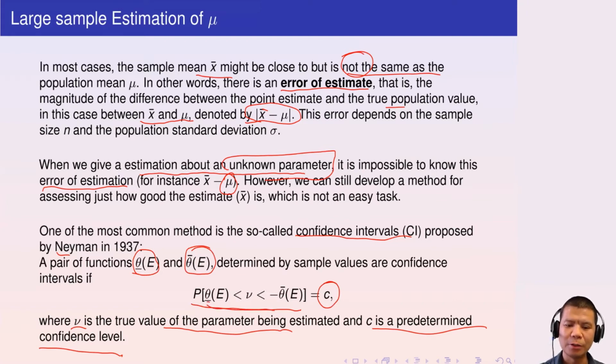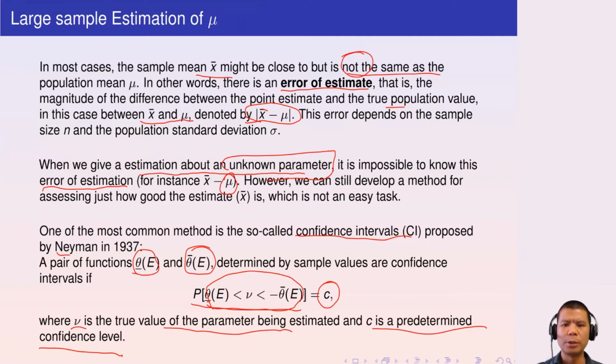This interval gives us a confidence level C that the true value is between these bounds. That's interesting. This is the idea of a confidence interval. Now, we are going to show how to find a confidence interval and how to interpret it.